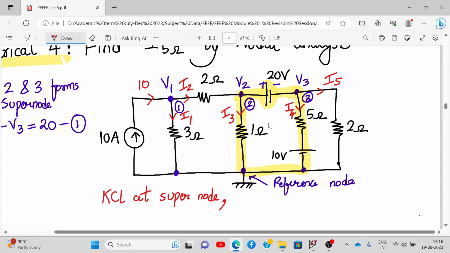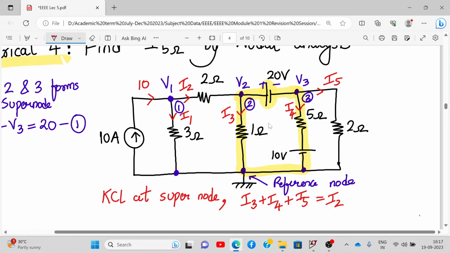We have incoming current as I2, and outgoing current as I3. At V3 we also have outgoing current as I4, and outgoing current is I5. So all the outgoing currents are I3, I4 plus I5, and incoming current is I2. So that is equal to I2. So this is my KCL at supernode.